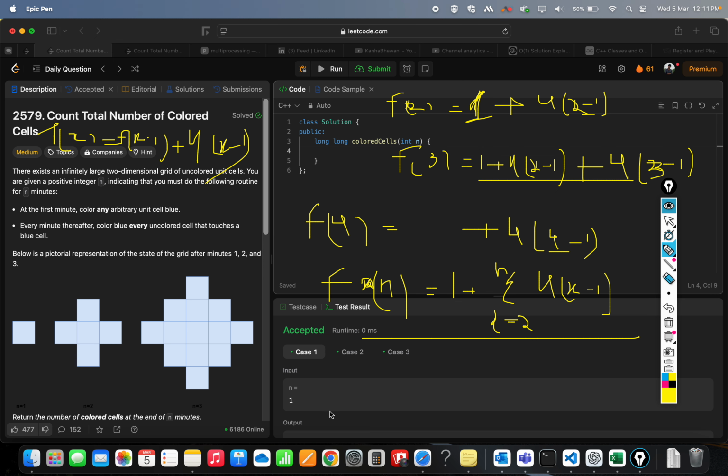Okay, so let's solve this. So answer is f(n), which is 1 plus, let's take this 4 out, and what it will be? This will be sigma x, minus sigma 1, which is n, right?